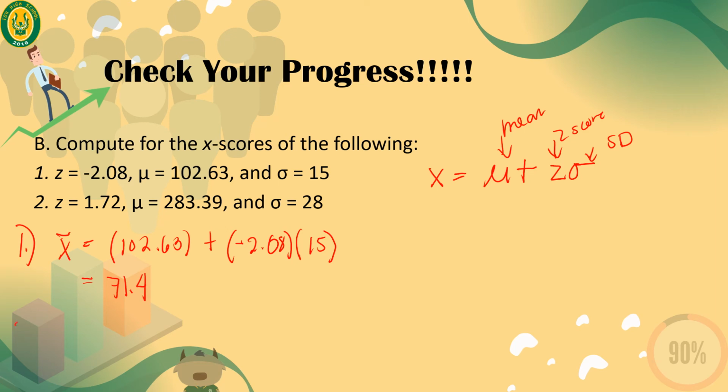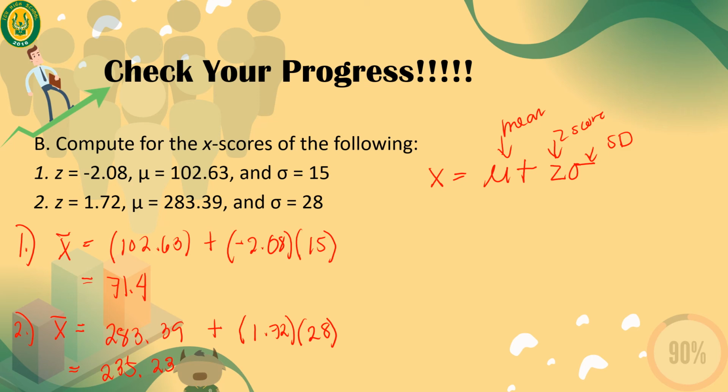All right, for number 2, okay, direct substitution as well. Your mean this time is 283.39 plus this z-score, which is 1.72, multiplied by the standard deviation, 28. The answer is, pause the video, 235.23.